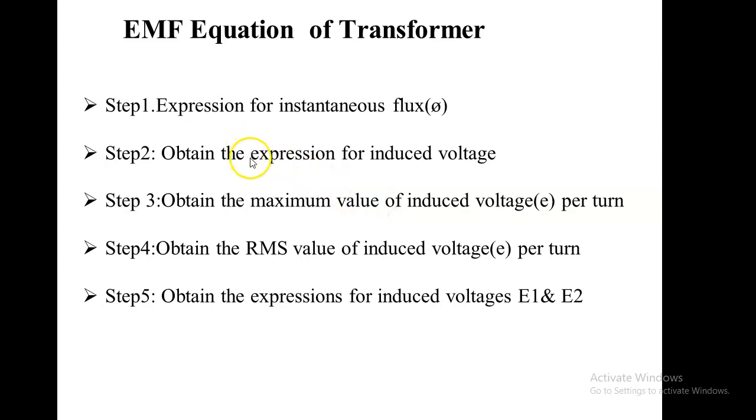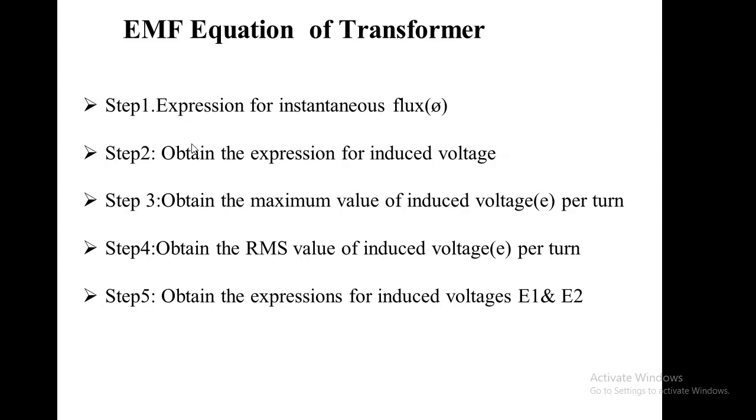Now see here, we will derive the EMF equation of a transformer. Basically, in five different steps we will derive the EMF equation. In the first step, we have to write down the equation for instantaneous flux. Then we have to obtain the expression for induced voltages across the primary and secondary winding respectively.